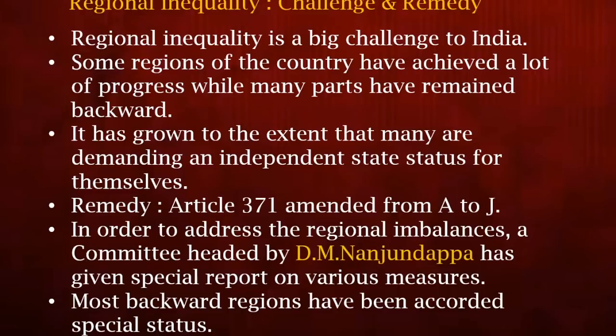The D.M. Nanjundappa committee was constituted and this committee gave a special report on various measures to reduce regional imbalance or regional inequality. Among the different regions, the most backward regions have been identified and they have been given special status in order to help them achieve progress and development, and come on par with other developed regions.